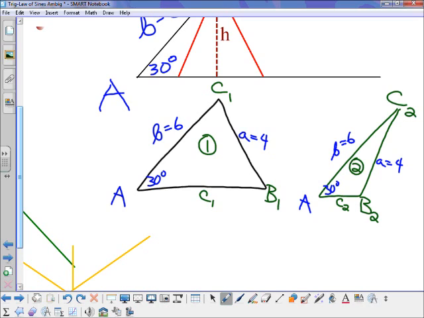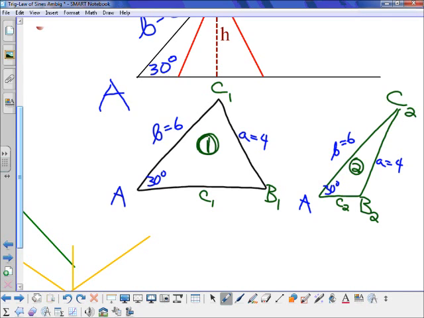So we have to find not just 3 parts, but 6 parts, because they're going to change depending on which triangle you're looking at. So there's 2 triangles possible, so we have to solve for both triangles. Again, we're going to solve the acute triangle first, and then the obtuse triangle.